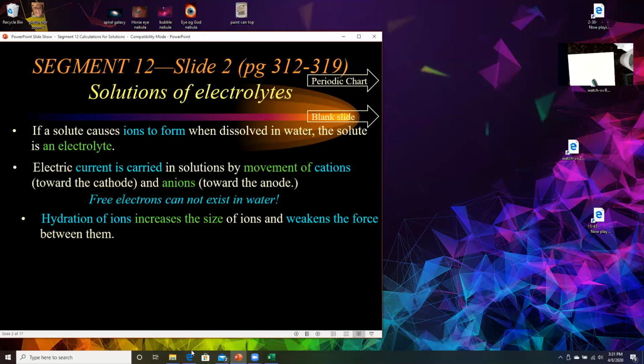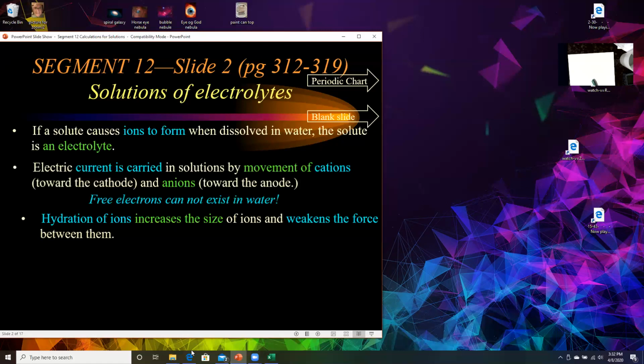So the oxygen part of the molecule is going to be negative, and the hydrogen end of the molecule is going to be positive. So when I put that water molecule in, the oxygen of the water molecule is negatively charged, so it's going to gather around cations in the solution and stick on rather tightly. So when you hydrate, when you put water molecules around an ion, it's going to increase its size. That'll weaken the force between those particles.